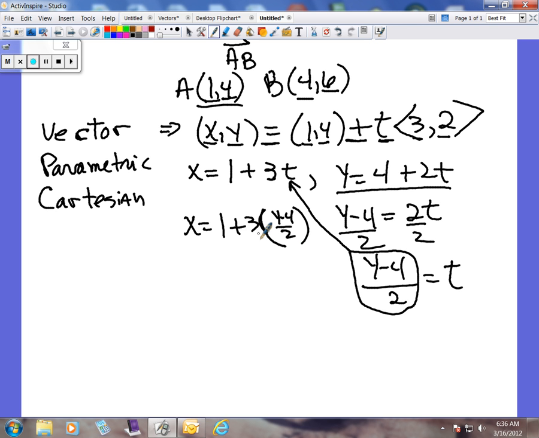Now, there's a lot of different ways to work this. As long as your math's correct, it'll come out to the correct answer. So now, if I distribute the 3, we're going to have 3y minus 12 over 2.